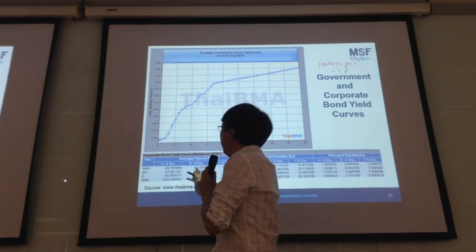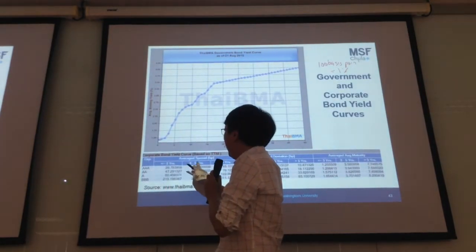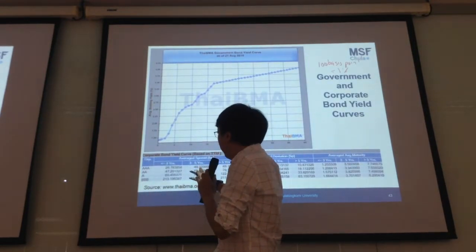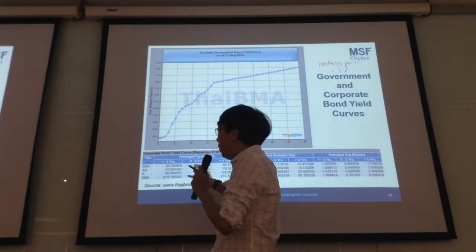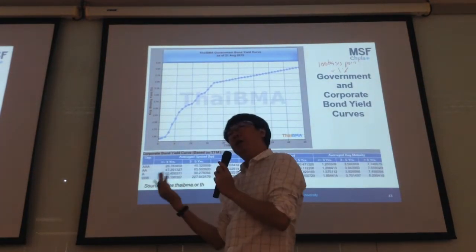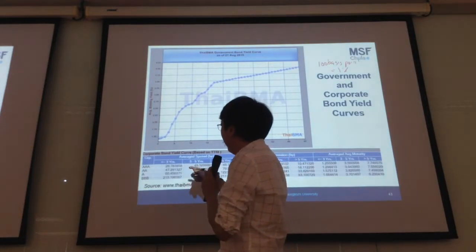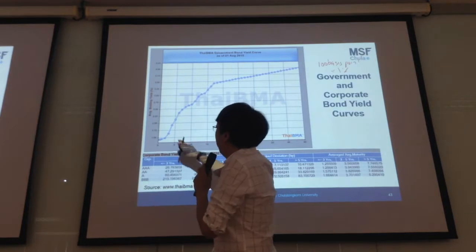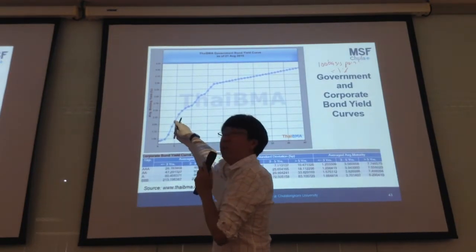So an AAA bond with a maturity around 3 to 5 years, the required rate of return will be 50 basis points or 0.5% above this, right? So an AAA bond would provide a yield about 50 basis points more than the government bond.